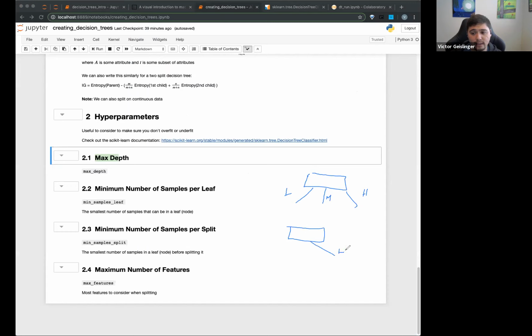So this is high, and then you have all of these over here, and then low and medium. Essentially, you would get the same result. This makes it a little bit easier for the computer to understand. So in general, I don't see 3 splits like this. I'm pretty sure someone has played around with it, but I don't even think scikit-learn supports doing that.